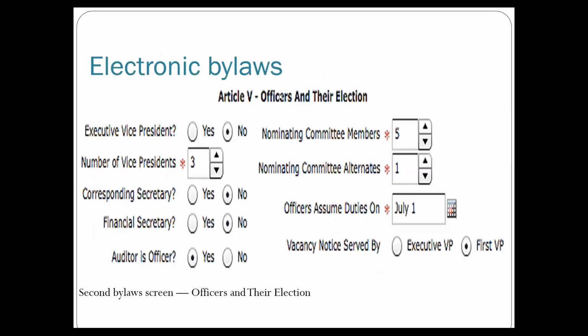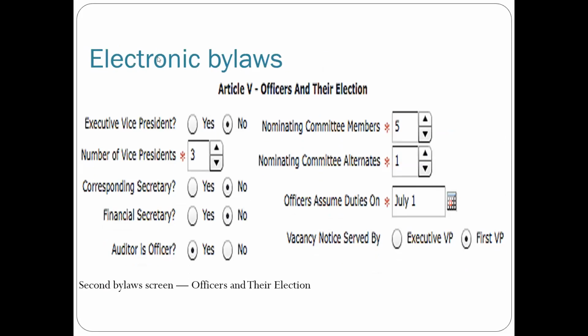Okay, this is the second slide. And this is where you'll enter whether or not you have an executive vice president, the number of vice presidents, and answer yes or no, corresponding secretary, financial secretary, auditor, is officer, yes or no. You're nominating the number of members of your nominating committee, your nominating committee alternates, and officers in our 33rd district all begin July 1st.